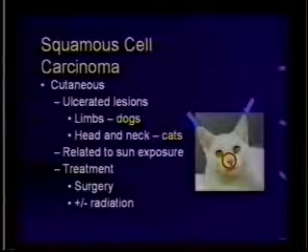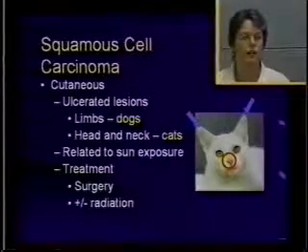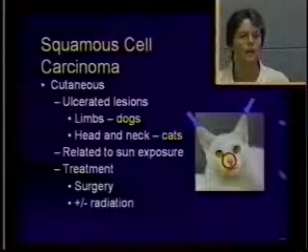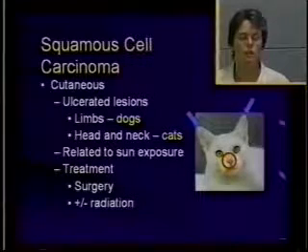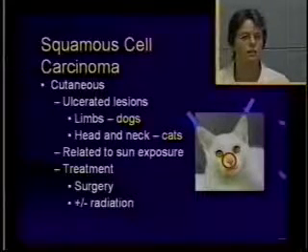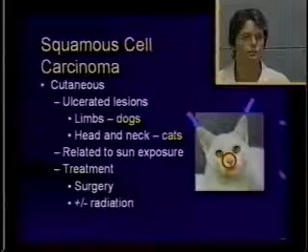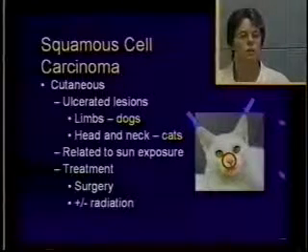Squamous cell carcinoma in the cat tends to show up associated with sunlight, and so we see it most commonly in white cats on lightly pigmented areas, such as on the tips of the ears or on the nose. In dogs, it shows up more commonly on the feet or on the toes, and generally occurs as an ulcerated lesion. As mentioned before, we think that this is related to sun exposure.